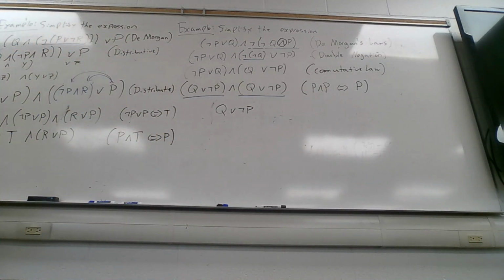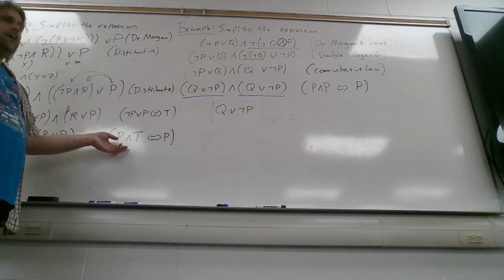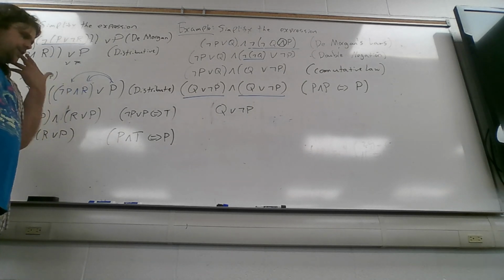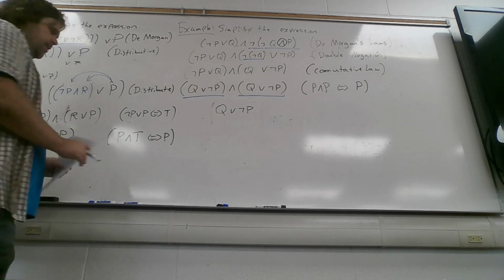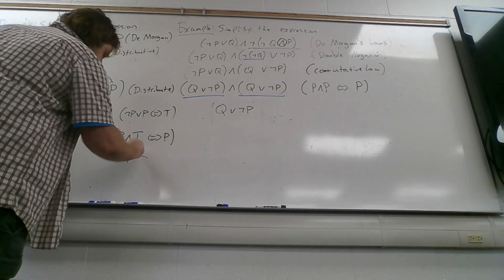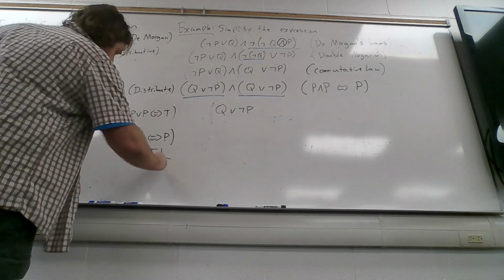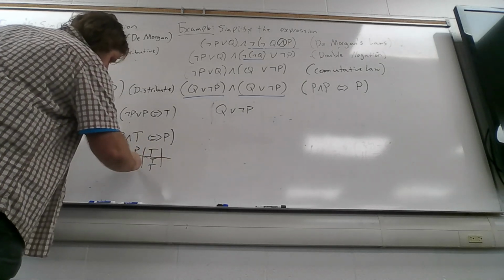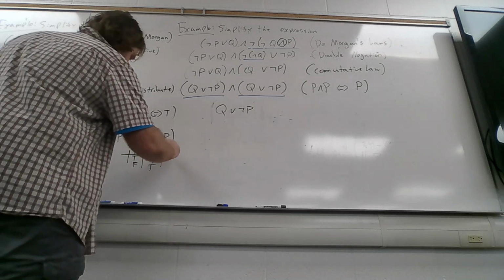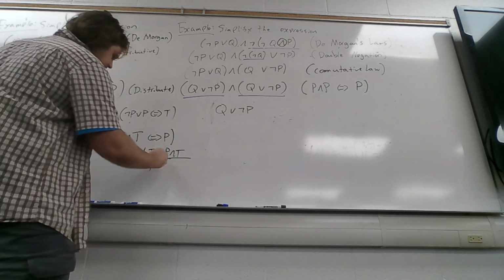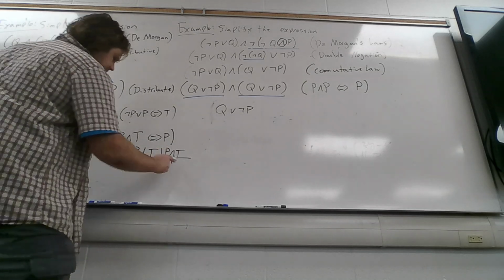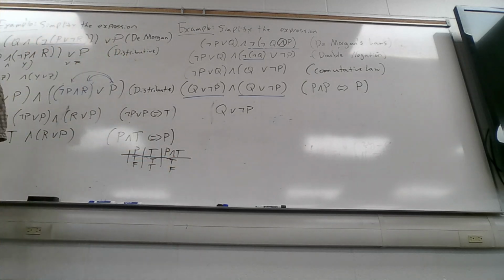So it can be helpful, because this also isn't a rule. We're just sort of thinking logically, okay, well, how does this work? If we just think in terms of a truth table, right? We have P, T, which is always true. And then we have P and T, right? T and T is T, F and T is F. That's the same thing as P, right?